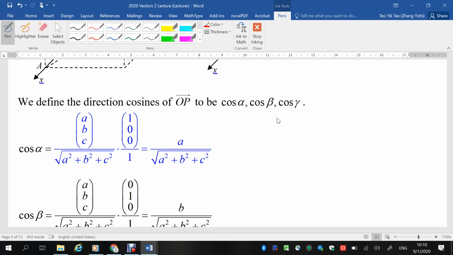And by convention, we use alpha, beta, and gamma to represent the angle with the x-axis, y-axis, and z-axis.